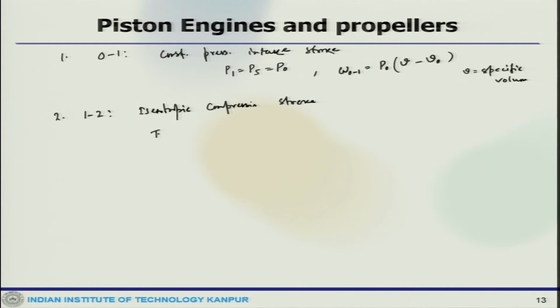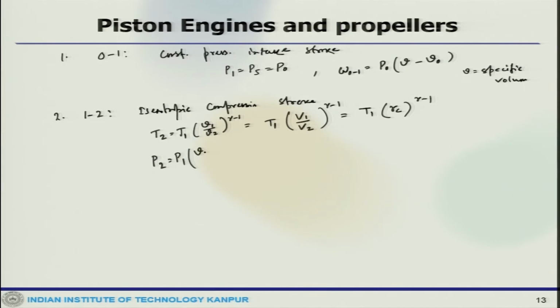So, T 2 would be T 1 (V 1 by V 2) to the power gamma minus 1, which is T 1 r C to the power gamma minus 1, and P 2 is P 1 (V 1 by V 2) to the power gamma, which is P 1 r C to the power gamma.